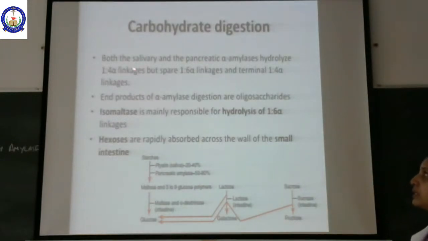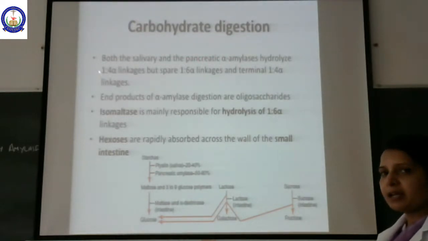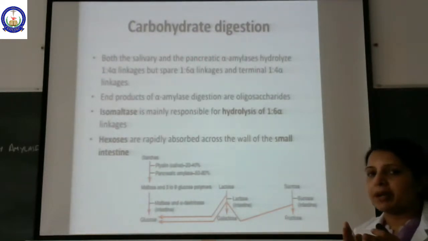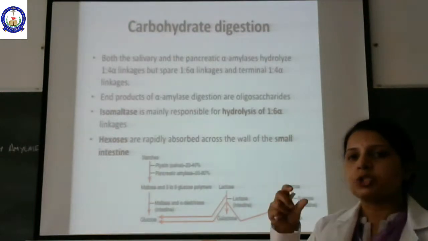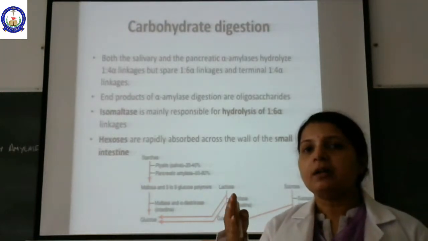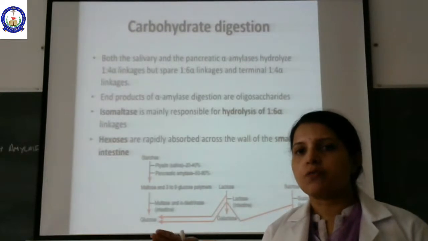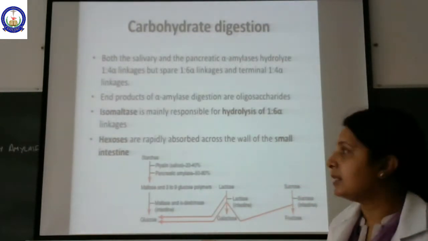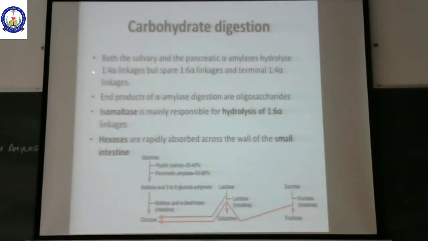Now, both the salivary and the pancreatic alpha amylases hydrolyze, that is, they break down the bonds formed between the monosaccharide units in a polysaccharide. These bonds are called 1:4 alpha linkages, but they spare the 1:6 alpha linkages and the terminal 1:4 alpha linkages.